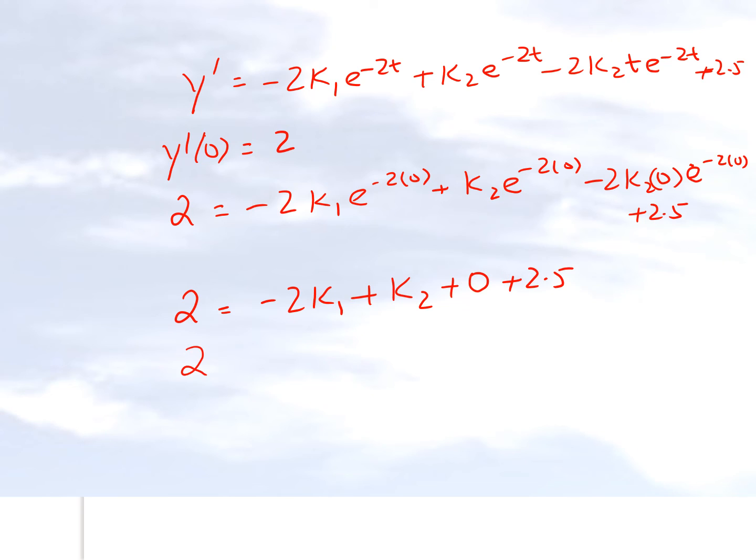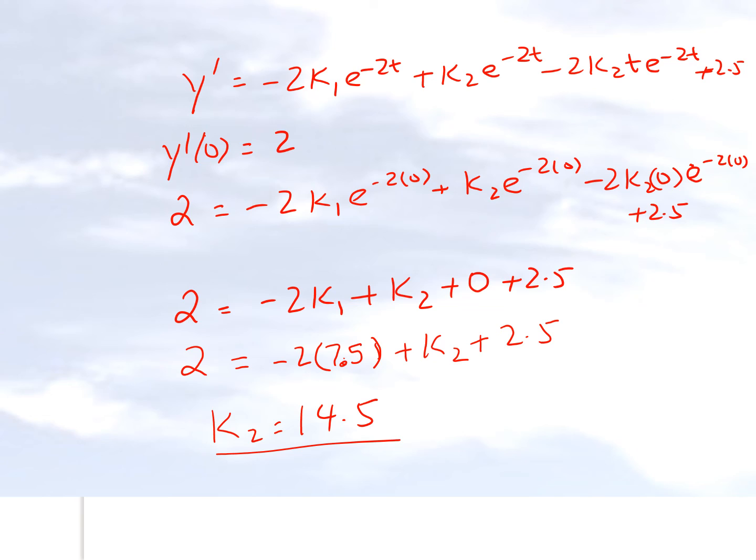And we already know the value of K1. So K1 is how much? 7.5. We want to find out what K2 is. And from here, we'll find K2 is equal to 14.5.